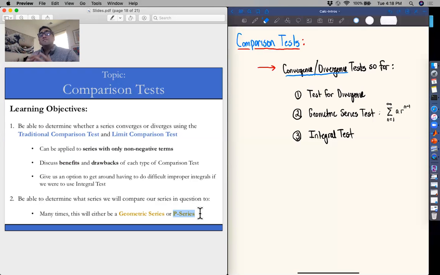And to give you a sense of where these comparison tests are coming from, it would be like saying, hey, if I know my series is less than a known convergent series. So let's put this another way. If we are wondering about a series, say some series a sub n from n equals 1 to infinity, and we know the following.